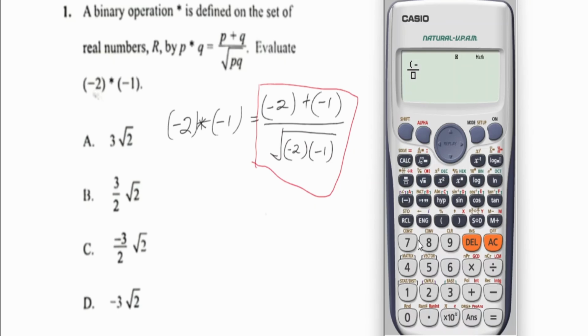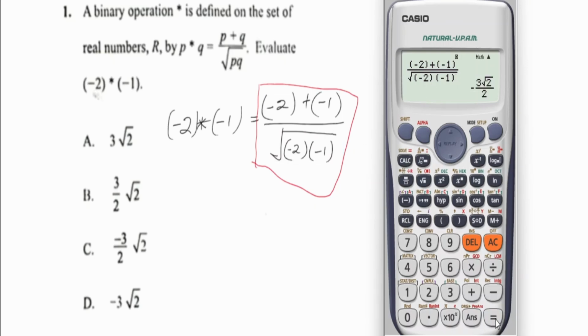So -2, then you close the parentheses, plus you open parentheses, -1, you close it, you use the down cursor to bring it down, then you bring your square root, then parentheses, -2, close parentheses, and then another parentheses, -1, you close parentheses, and then you see it looks exactly the way we've written it here.